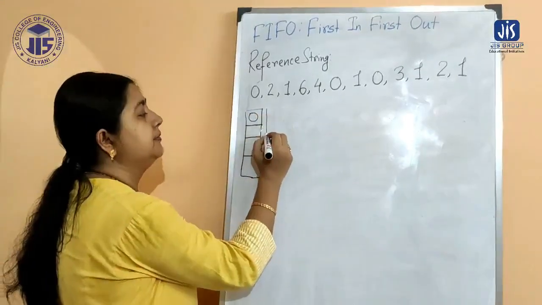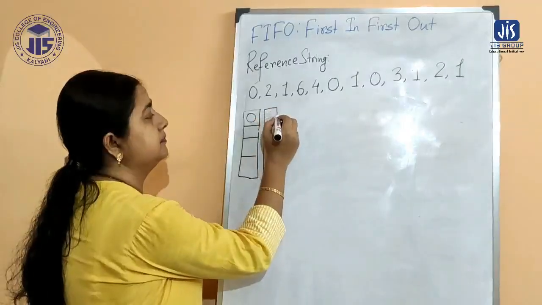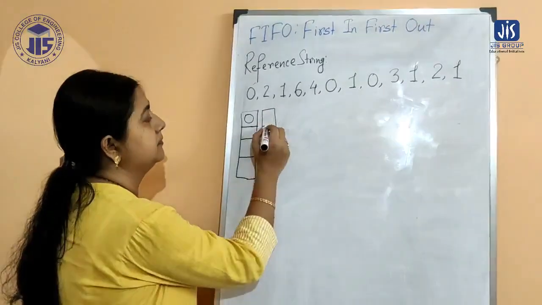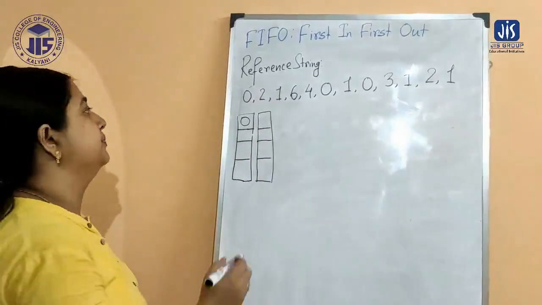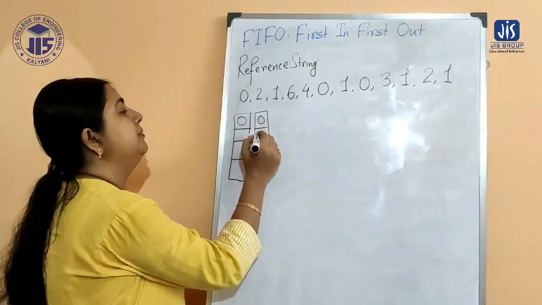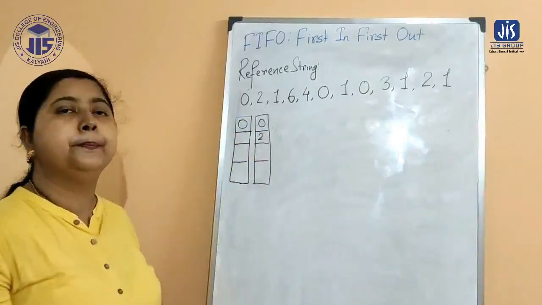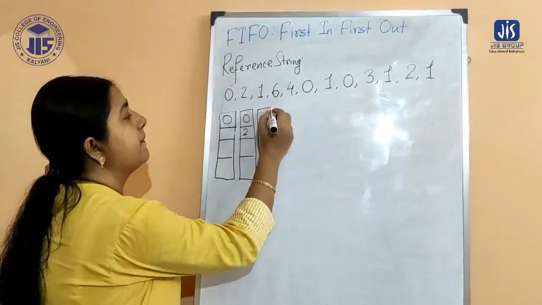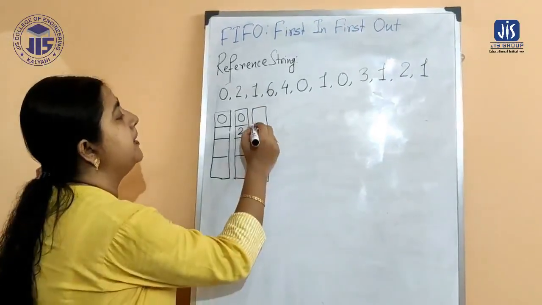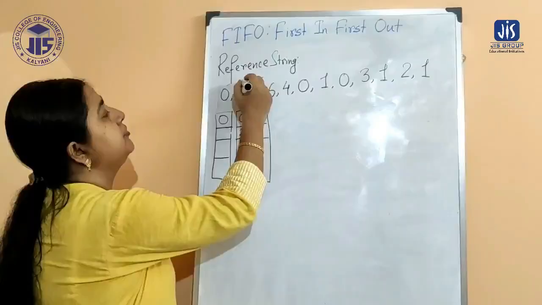After that, we have a call for 2. So after 0, 2 comes. Then the system is going to refer to 1.